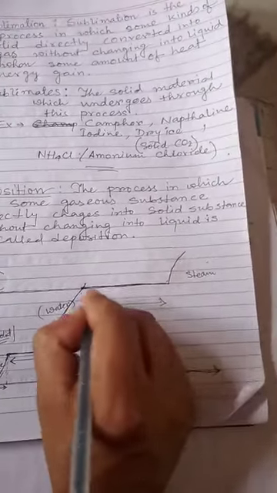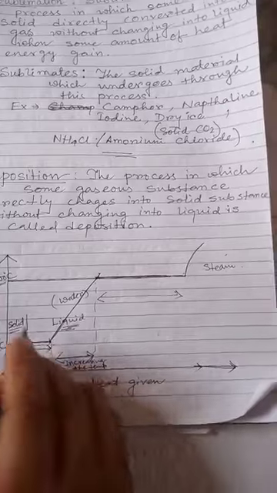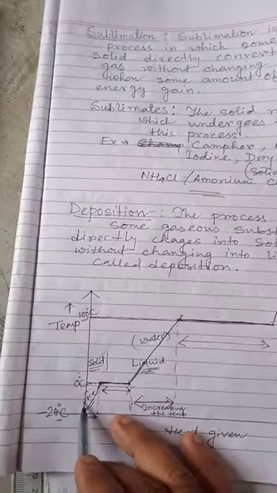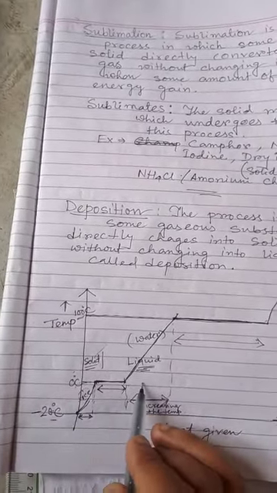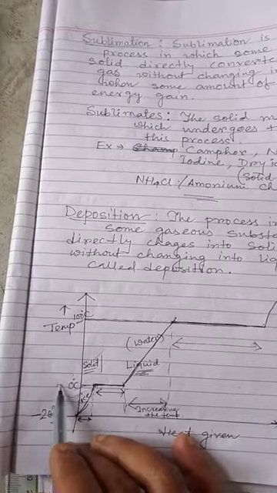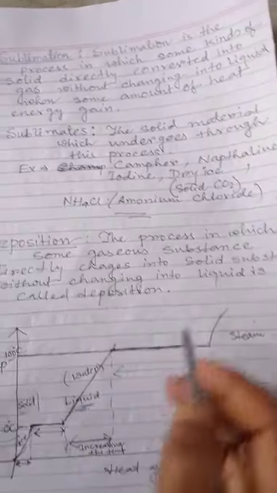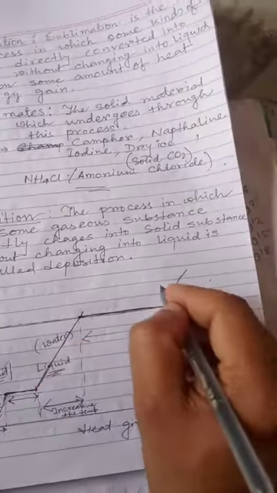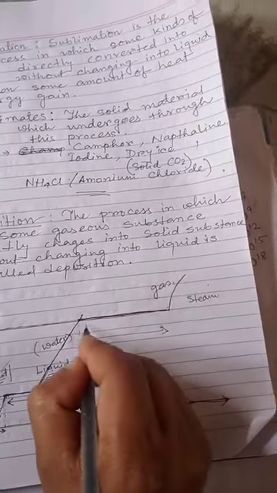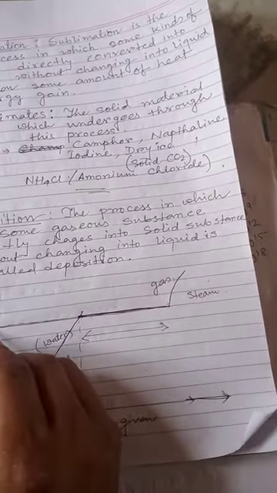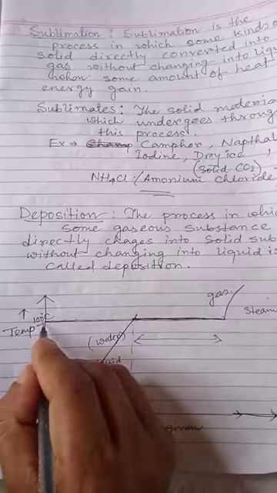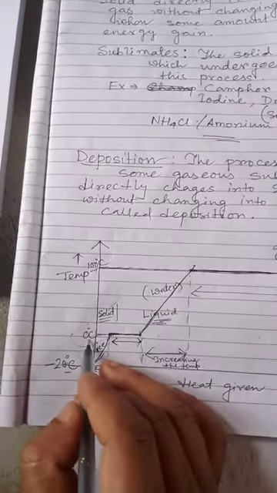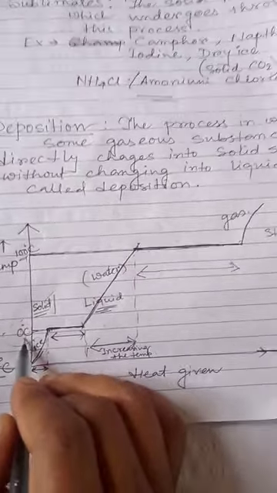So in that process, solid molecules are converted into liquid molecules at a fixed temperature, and in that process, liquid molecules are converted into gaseous molecules at a fixed temperature. This temperature is called the boiling point and this temperature is called the melting point.